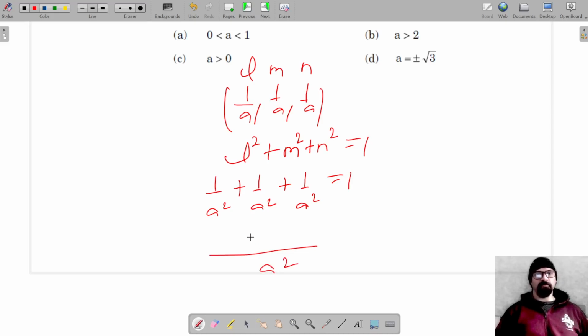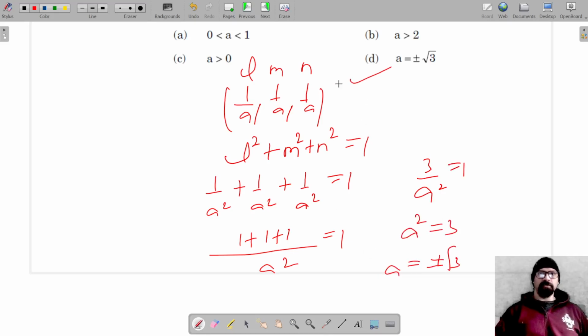So 1 plus 1 plus 1 over A square is equal to 1, which gives me 3 by A square is equal to 1. So A square is equal to 3, so A is equal to plus or minus root 3. So D is the correct option for this one.